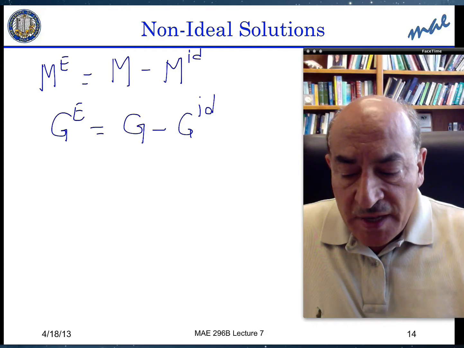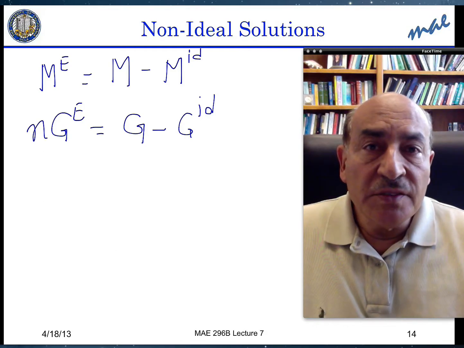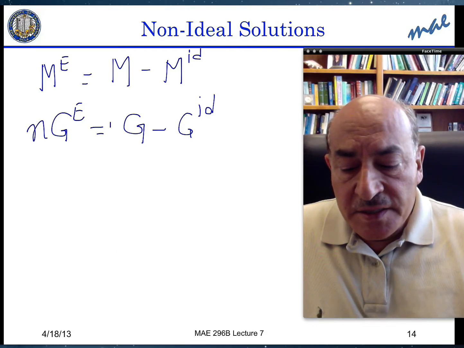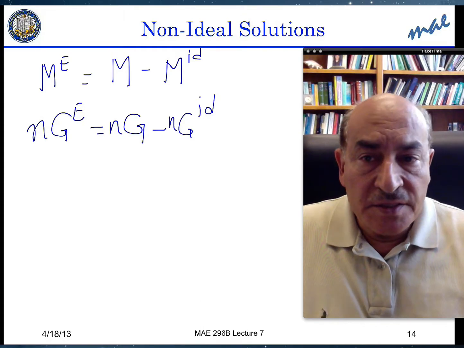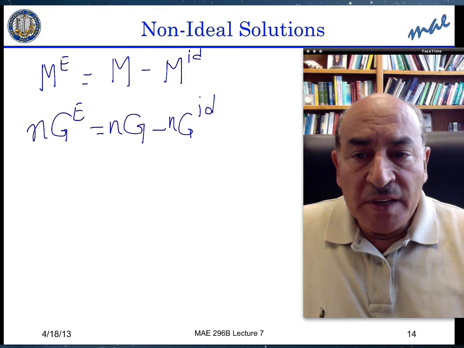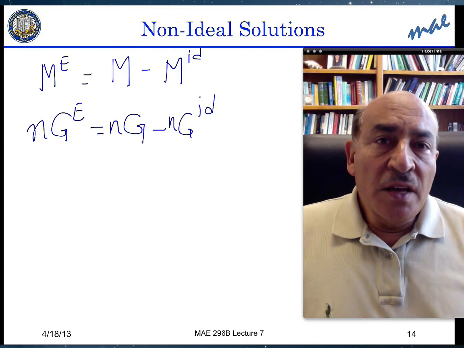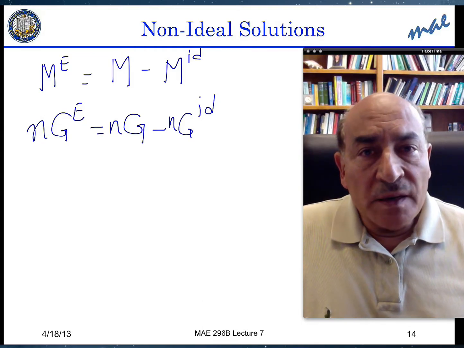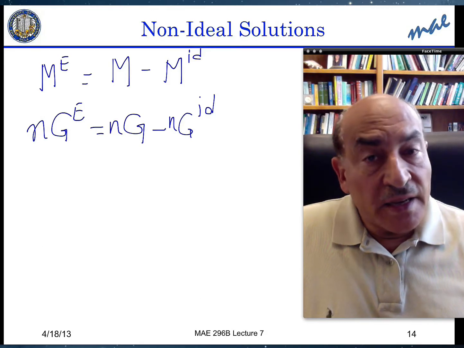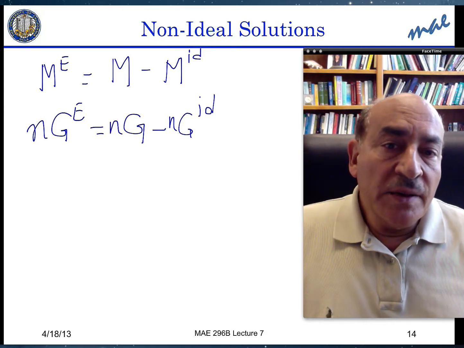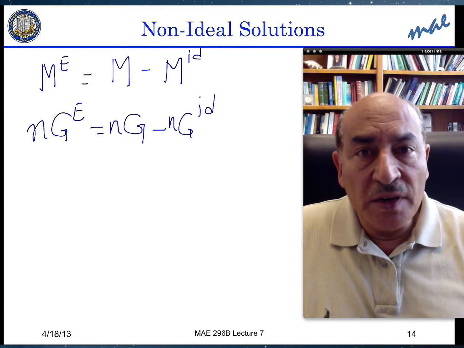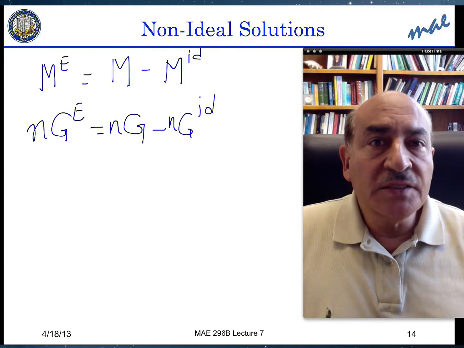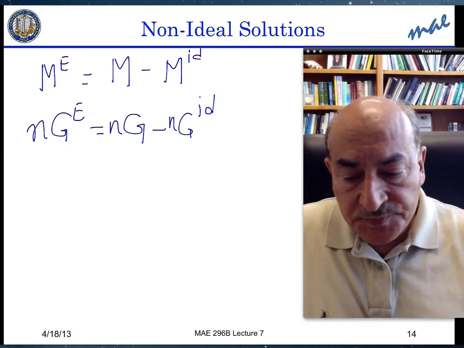And if we multiply here by N, the number of moles in the system, then we would have correspondingly the differences. The reason we multiply by N is that I would like to now look at the chemical potential of a non-ideal solution and the chemical potential of an ideal solution, take the difference, and see how we can characterize this difference through the concept of activity.